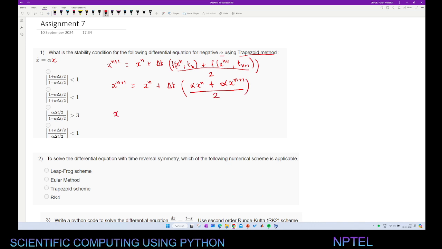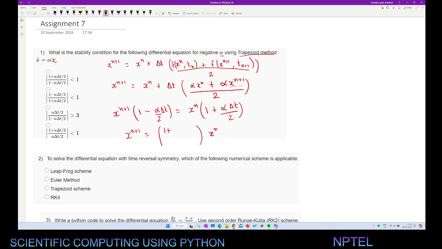So x_{n+1} will be 1, and I take this term to the left hand side. So 1 minus alpha delta t by 2 times x_{n+1} is equal to x_n times 1 plus alpha delta t divided by 2, which means x_{n+1} is some number times x_n.